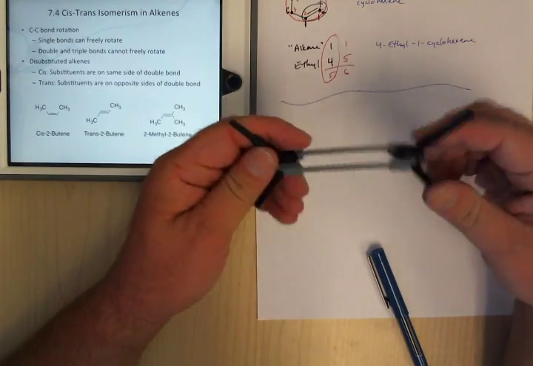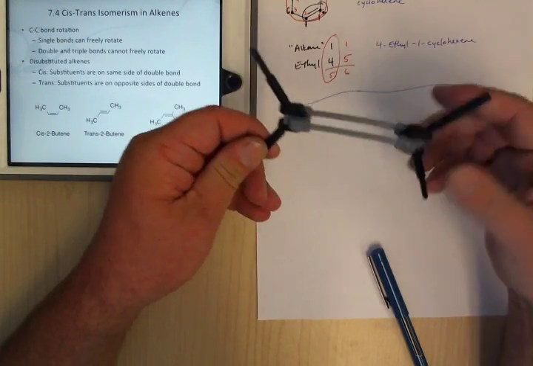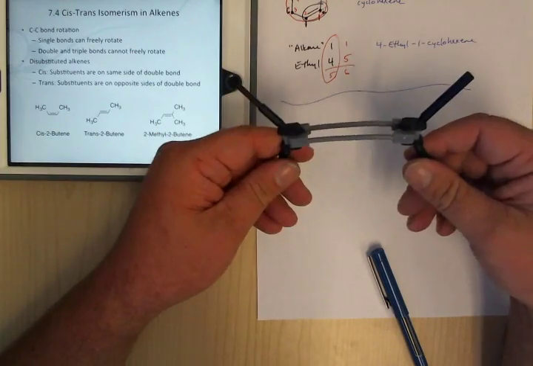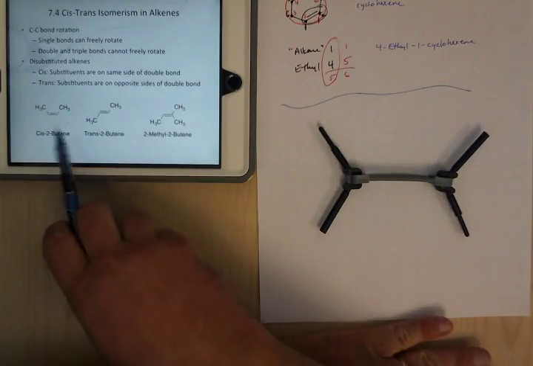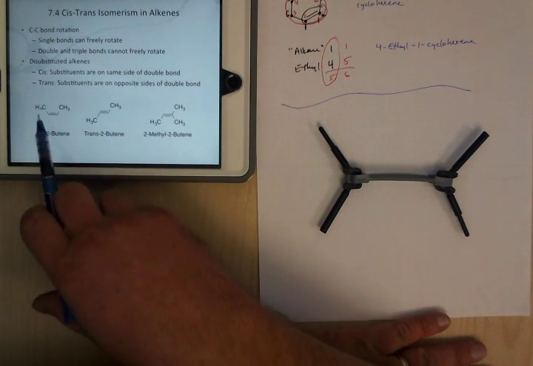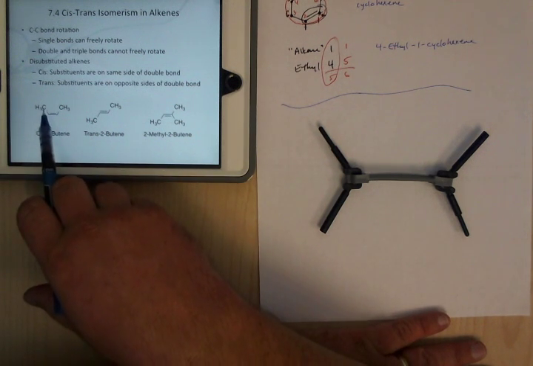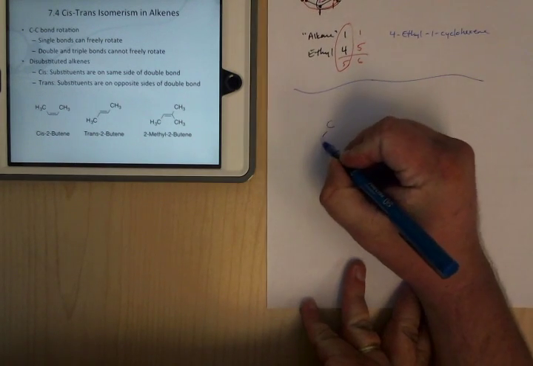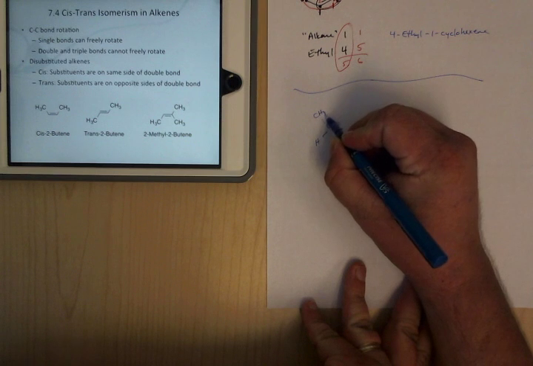So these groups here are actually frozen in 3-dimensional space. If you have 2 groups sitting on there, and the other groups are hydrogens, you can do one of 2 things. You can look at the main groups.